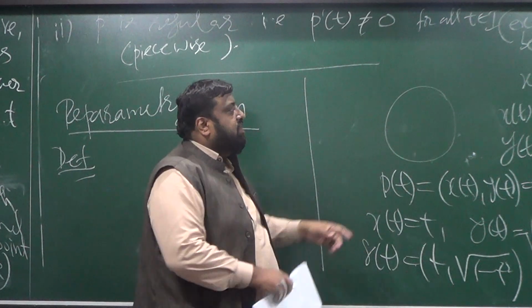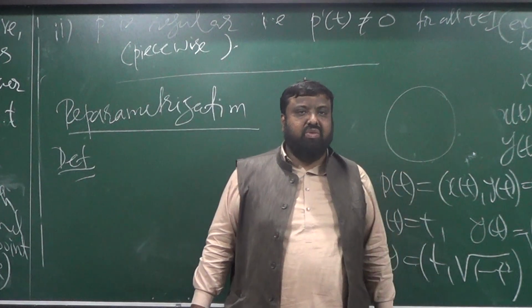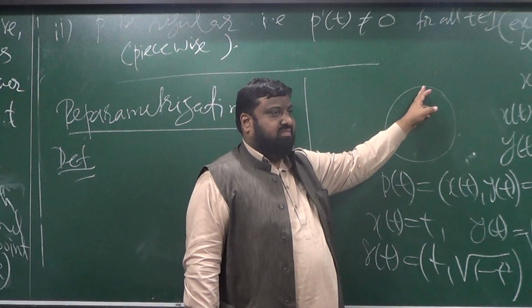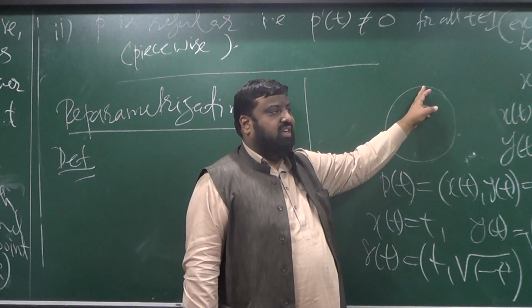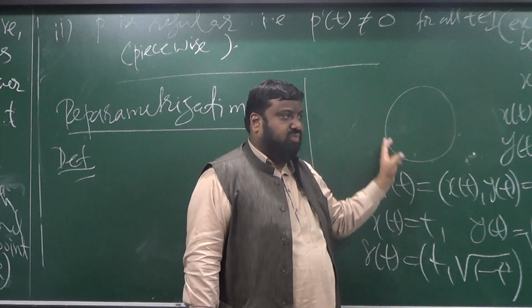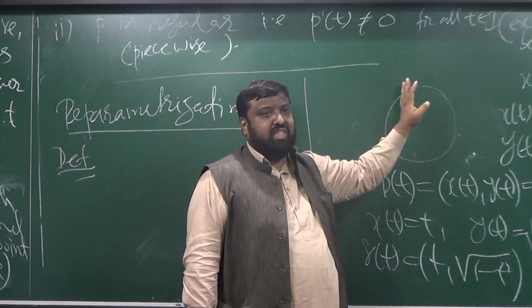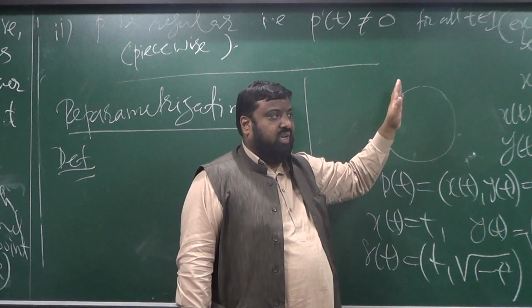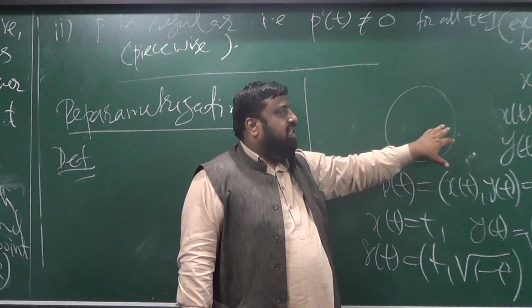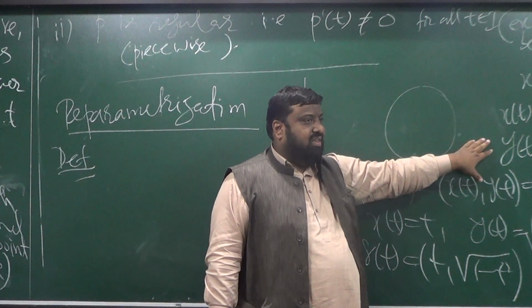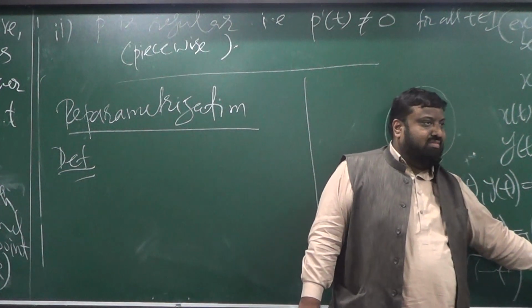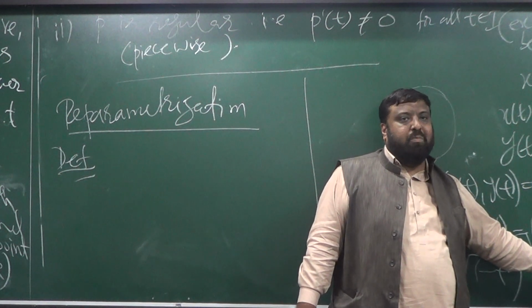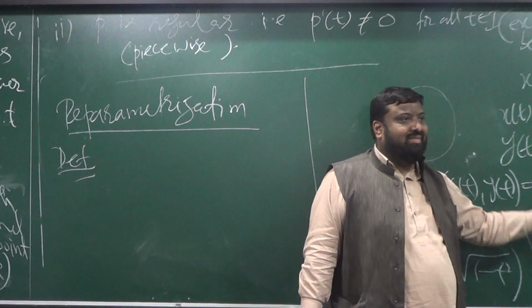So if I have just a simple equation, x squared plus y squared equal to 1, what does it mean? So you have a circle, and you started from a point and you just move along and reach the point again, and that's it. That's what your x squared plus y squared equal to 1 is. But if you take the circle and represent it in this manner and extend the domain, so I'm not taking 0 to 2 pi, but I'm taking 0 to 4 pi, what does that mean?